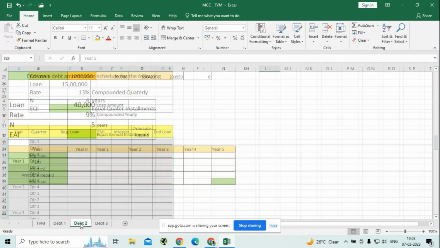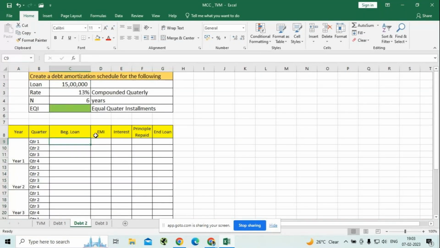Now I'll do it for quarterly. It is simple. When you are calculating annually, you are giving it directly. Let me take PMT, open the bracket, rate: 13%. This 13% is for 1 year, a yearly interest rate, right? Now, when you calculate for a quarterly period, you are supposed to divide it.